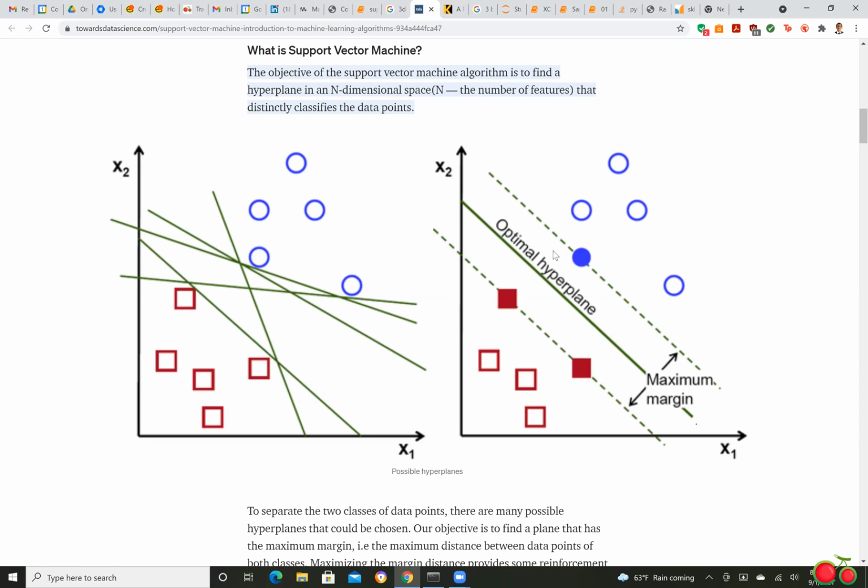One type of supervised learning is regression, another is classification. In the same way, one type of SVM is a classifier, which is an SVC, and another type is a support vector regressor, an SVR.